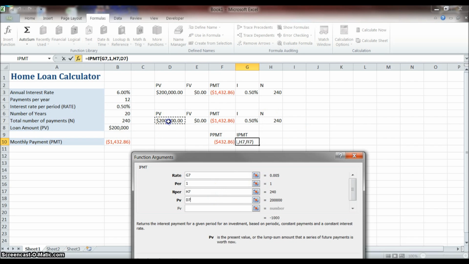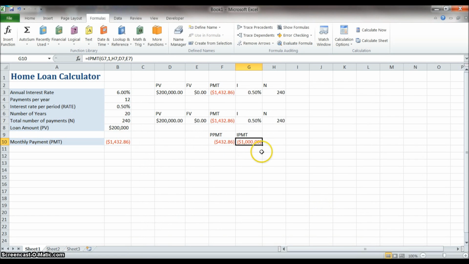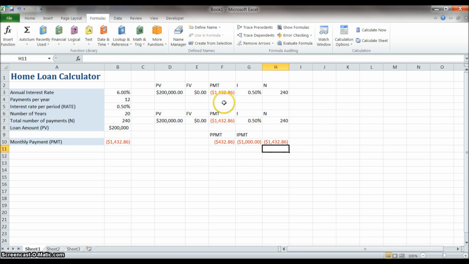The present value was 200,000, and the future value was 0. So if I hit OK, that looks about right. So $1,000 of that first payment is going to pay off the interest. And I'm just going to do a quick check here because I'm pretty sure these add up, but we'll double check. And look at that, it's the exact same as our payment. So I did my math right, and the functions work, which is great.